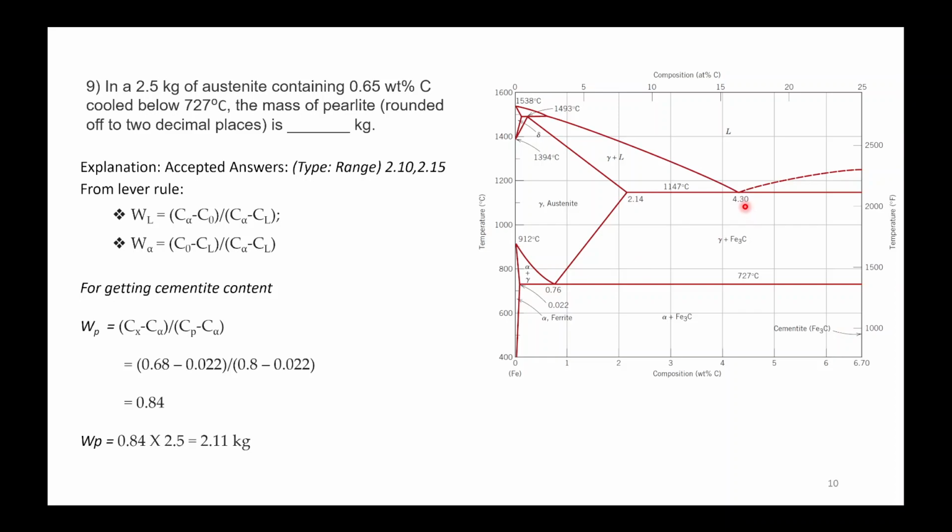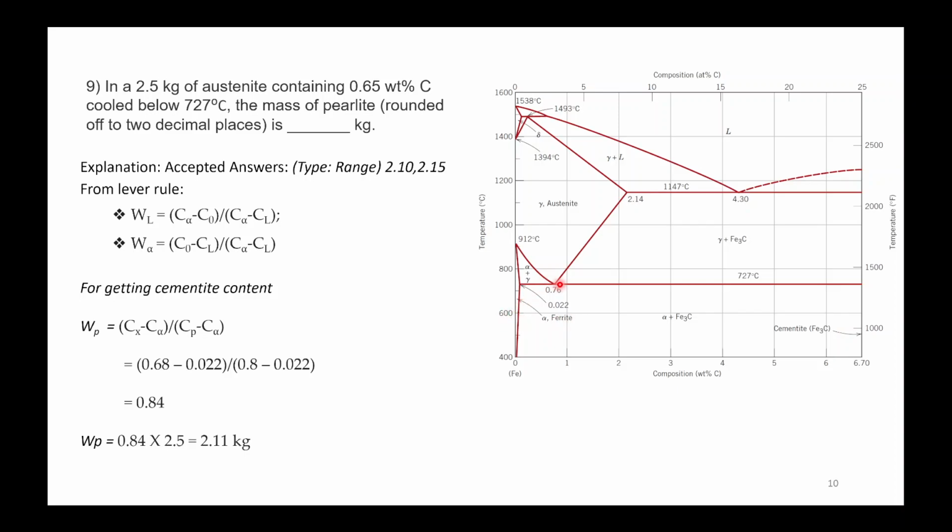The eutectoid temperature or any other point. So after this point, you are asking whether on cooling further it decomposes further. Am I correct? Yes, sir. We will be getting alpha and Fe3C, but is there any reaction in which Fe3C decomposes separately? No, it won't be decomposing.